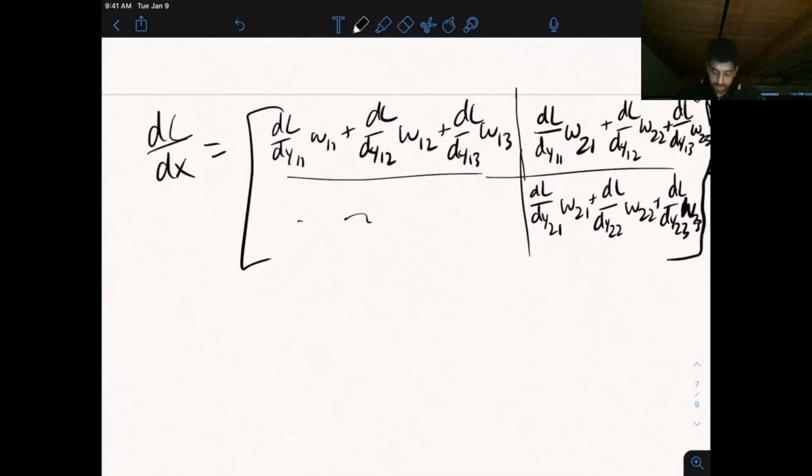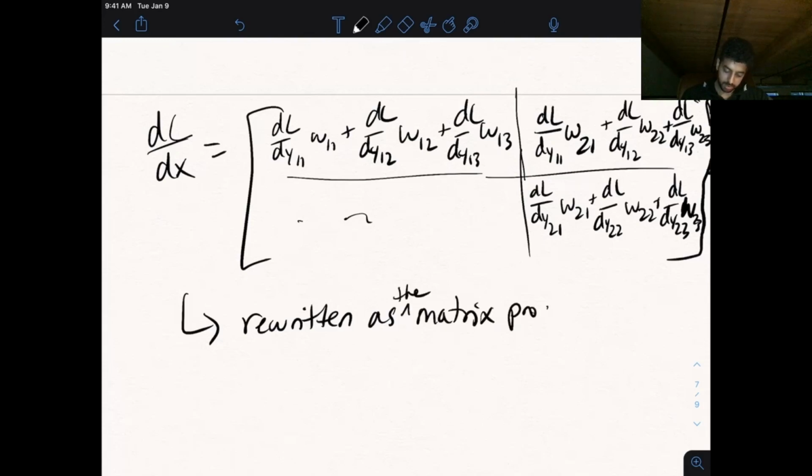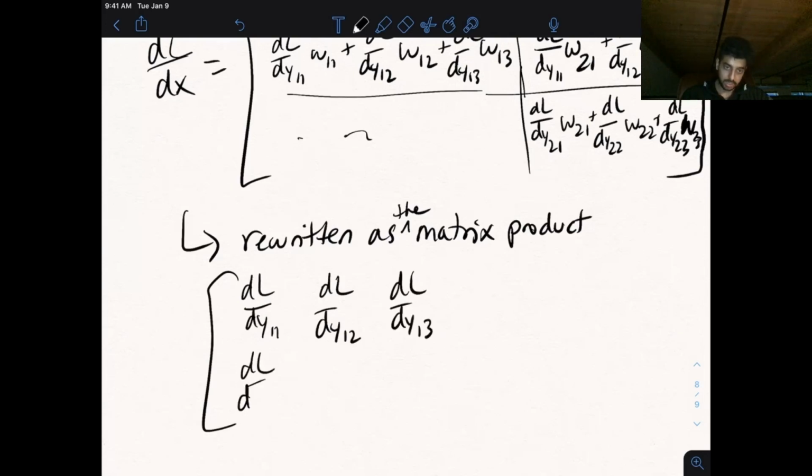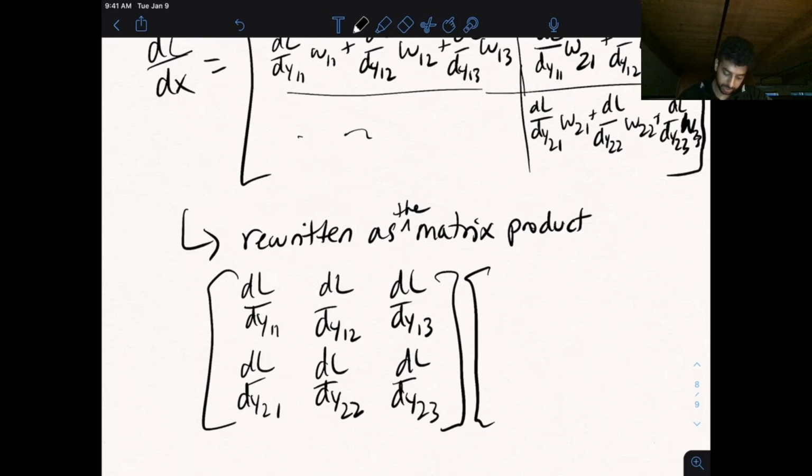But the key intuition here, the takeaway, is that this can just be rewritten as the matrix product of dl dy, which we're given again, dl dy21, dl dy22, and the transpose of the weight matrix, so w11, w21, w12, w22, sorry, this is w13, w23.